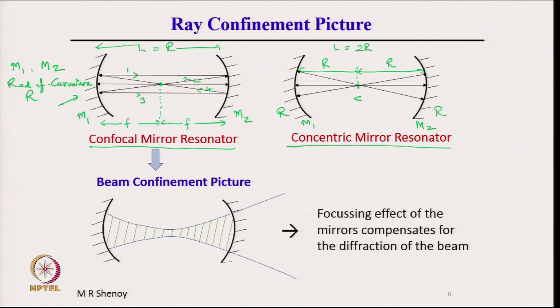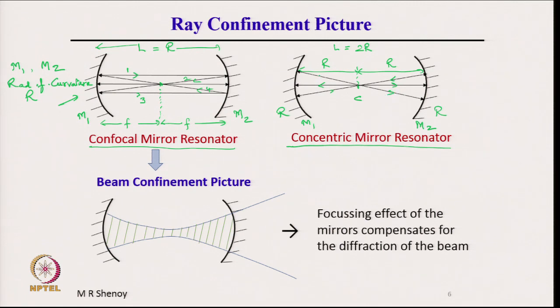Now, in this case, as you can see, any ray which travels towards or comes from the center of curvature will be normal to the mirror and will be reflected back along the same path.